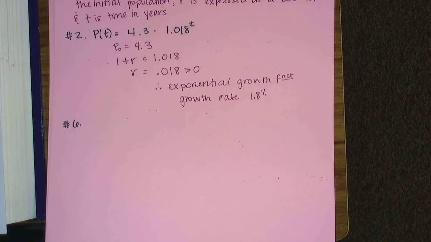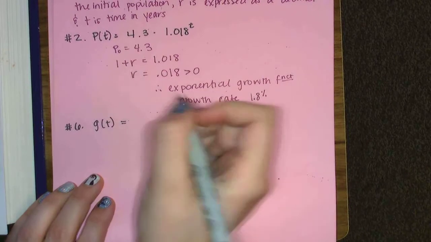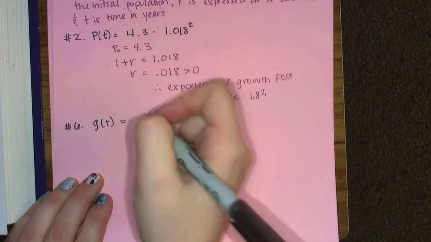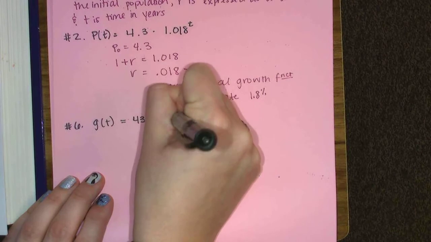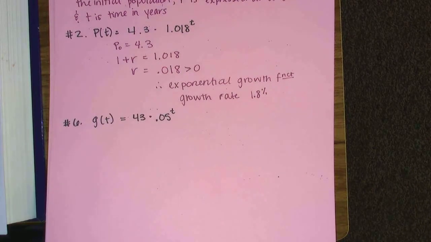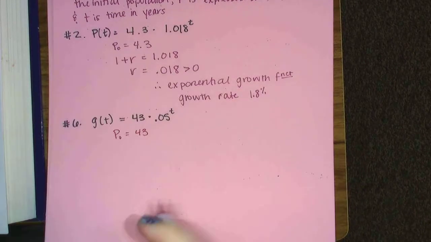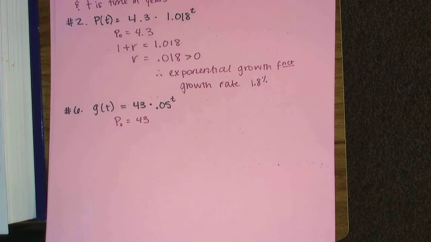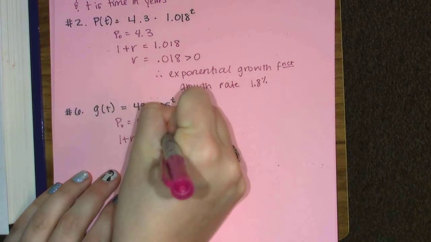All right, number 6, g of t. So it doesn't matter what this variable is out here. It doesn't have to be a p. It just has to be in that form. g of t is equal to 43 times 0.05 to the t. So what is my P sub 0? P sub 0 is 43. How about my 1 plus r? 1 plus r is equal to 0.05.